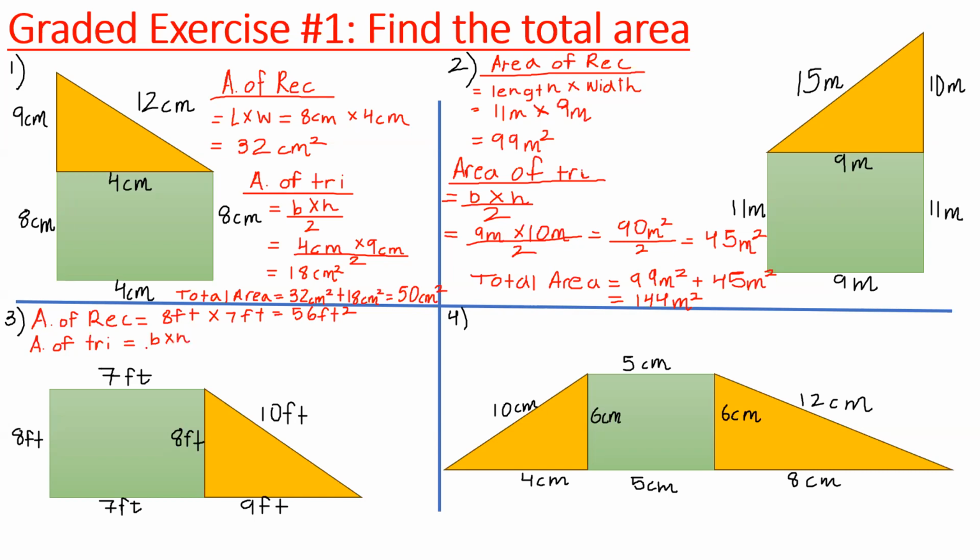So the area of the triangle is going to be equal to base times height divided by 2. 8 feet times 9 feet divided by 2, right?